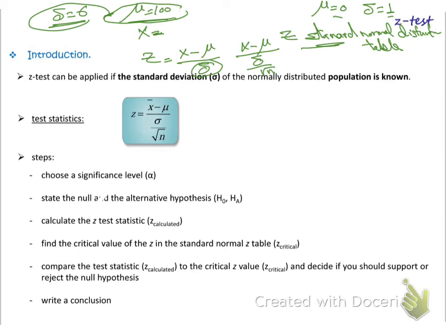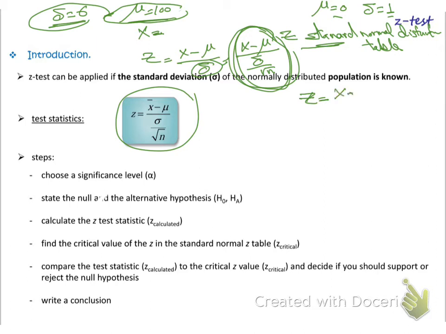So this, we said, is in case of the means. We have a distribution of means, so this will be the formula. If we are talking about the means, we cannot use the formula z equals x minus mu divided by sigma, the standard deviation.